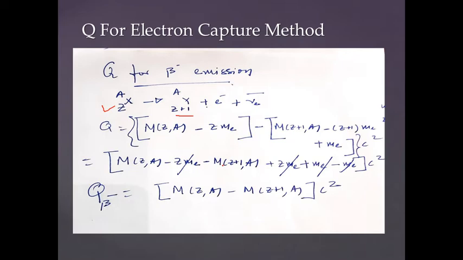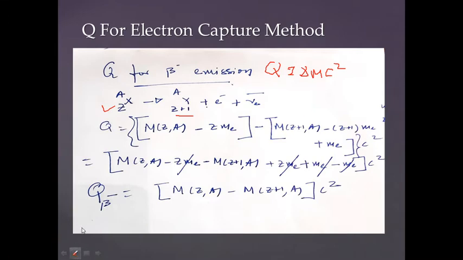Now let us look into the Q equation. You know what a Q equation is? Q equation is nothing but the total mass. It is the initial mass. Q, I think all of you have seen this in alpha decay also, is nothing but delta M into C square.